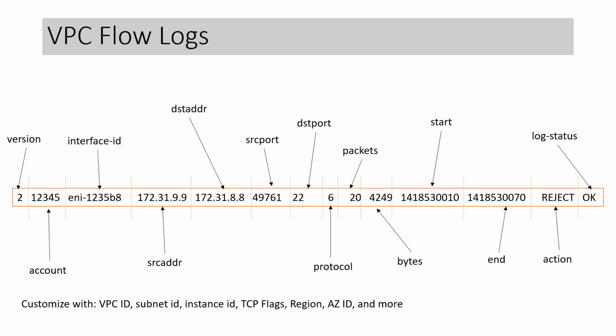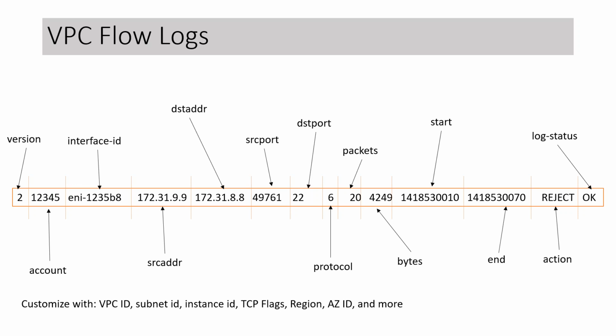But it would be harder to do with just the interface ID. You also get all the TCP flags, which means there's a whole bunch of TCP packets going back and forth with different flags. It'll just show you all the flags. Things like which region, AZ, all that kind of stuff. Anyways, you're going to get this network traffic that's going to give you an idea of what kind of conversations are happening inside your Amazon environment between your instances.